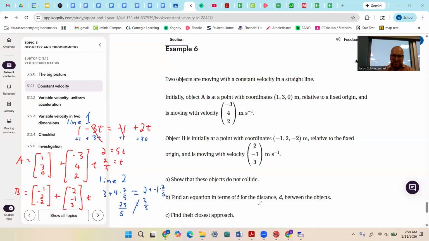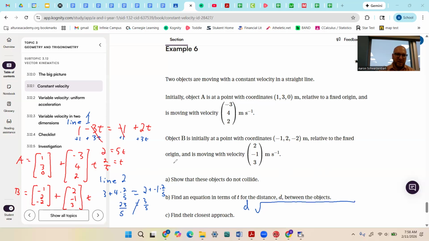Find an equation in terms of t for the distance between the objects. Well, the distance between the objects is the difference in x, difference in y.